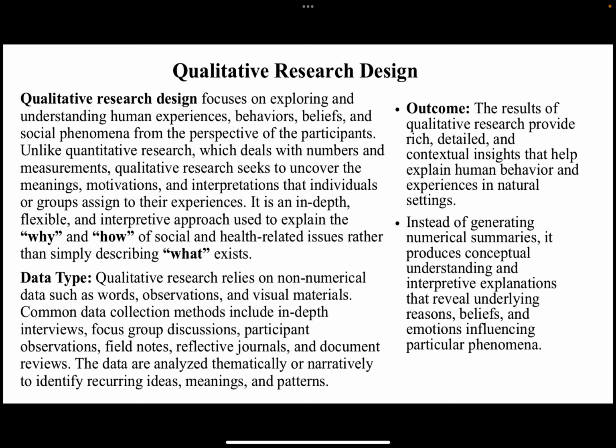The best design to use is quantitative design. The instrument you are allowed to use is a questionnaire, especially one with close-ended questions. Again, the data type you can use is both primary and secondary data.